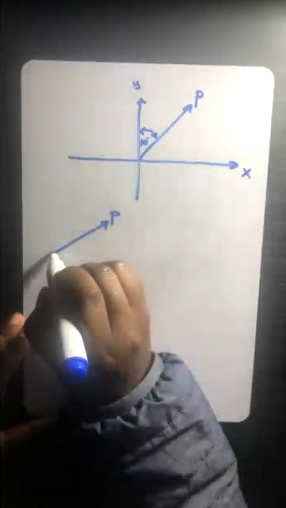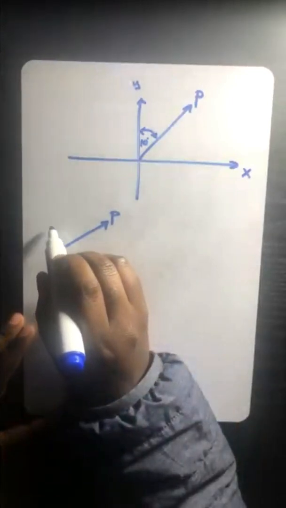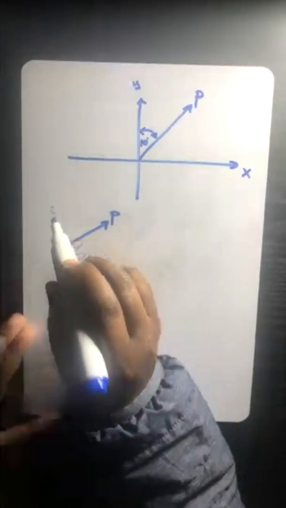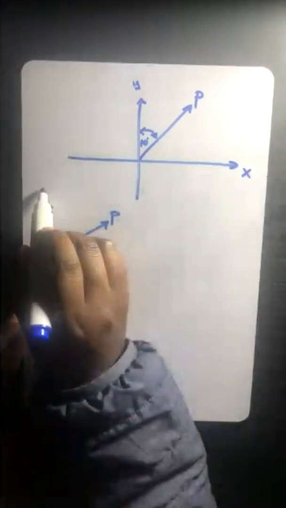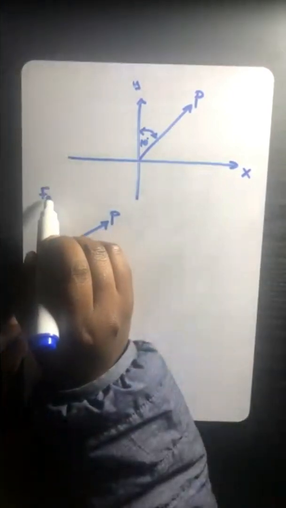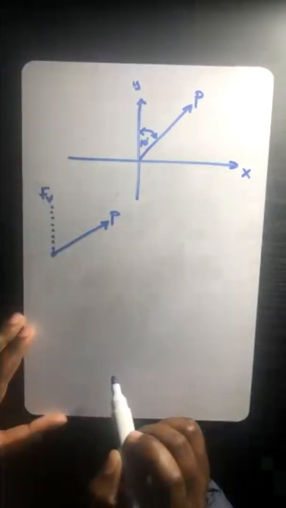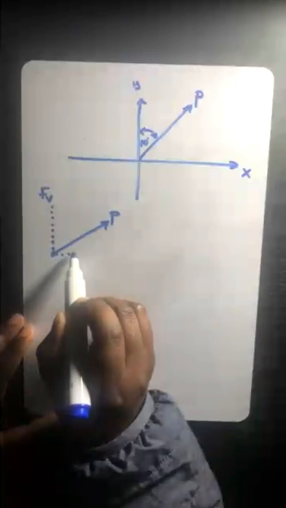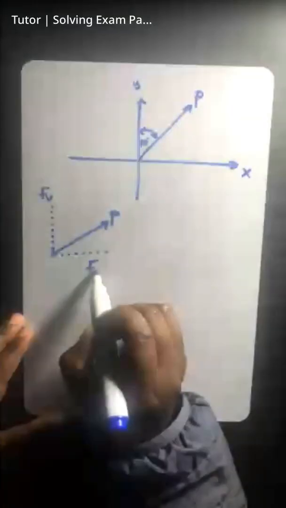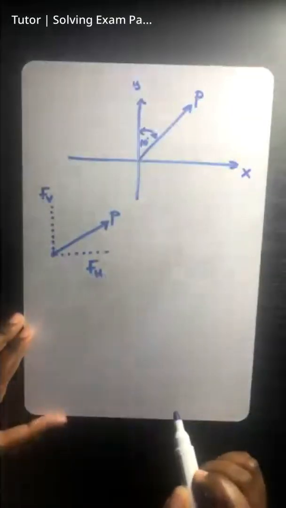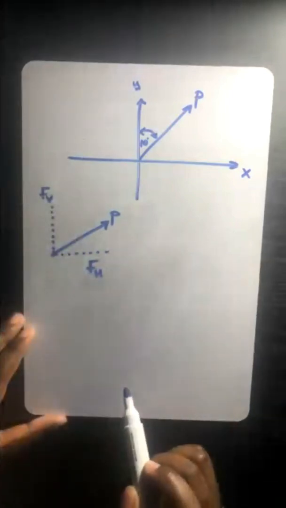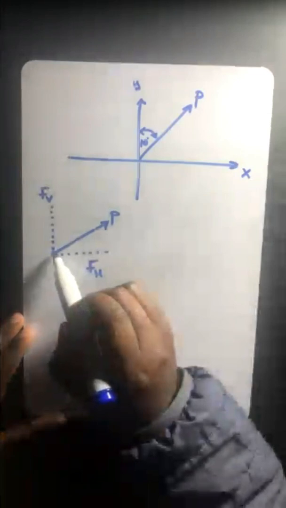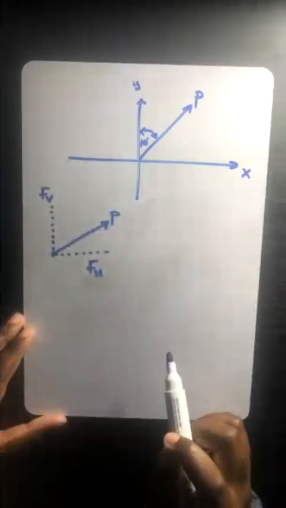The vertical component we can show by making use of broken lines. Let's call it force P, say V for vertical, and another force, force horizontal. These are the two components of force P acting at that angle.